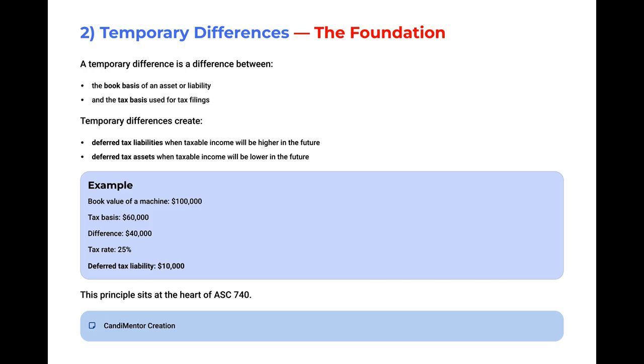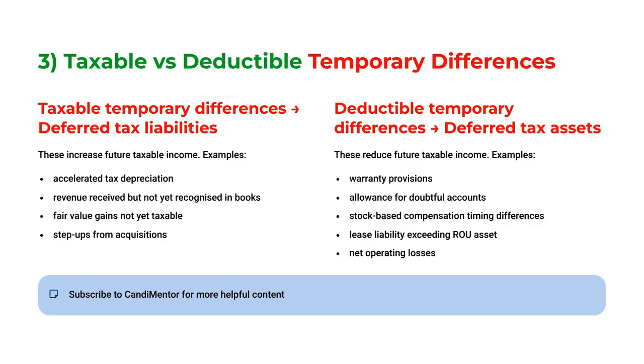Taxable versus deductible temporary differences. Taxable temporary differences, deferred tax liabilities. These increase future taxable income. Examples: accelerated tax depreciation, revenue received but not yet recognized in books, fair value gains not yet taxable, step-ups from acquisitions.